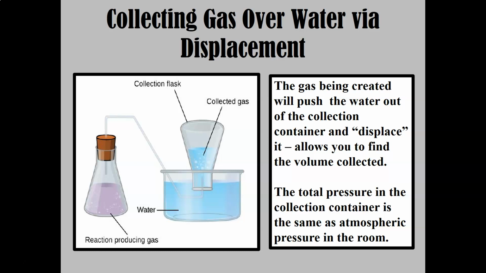I cannot easily measure the pressure inside this flask, but I can measure the atmospheric pressure in the room with a barometer very easily, right? So I don't have a little device to stick in here to measure the pressure. So I'm going to end up measuring it indirectly by using the atmospheric pressure.